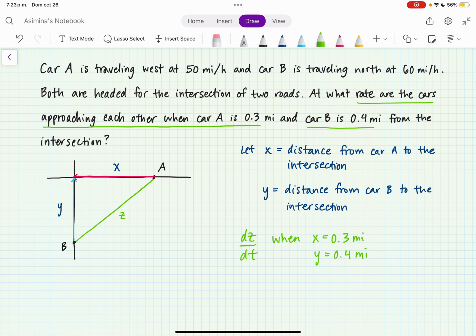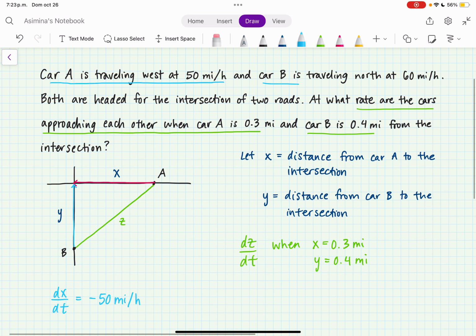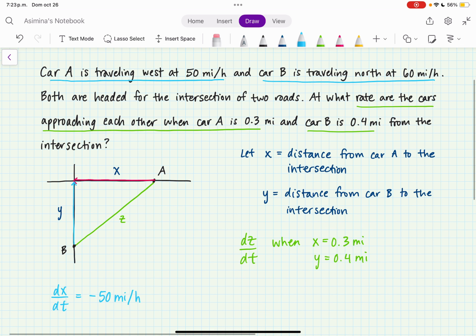What information do we already know? Well, we know that car A is traveling west at 50 miles per hour. So that tells me that dx/dt is equal to minus 50 miles per hour. And we also know that car B is traveling north at 60 miles per hour.